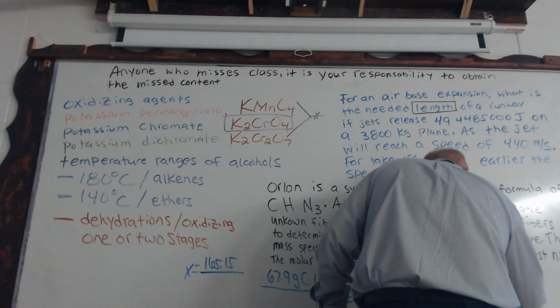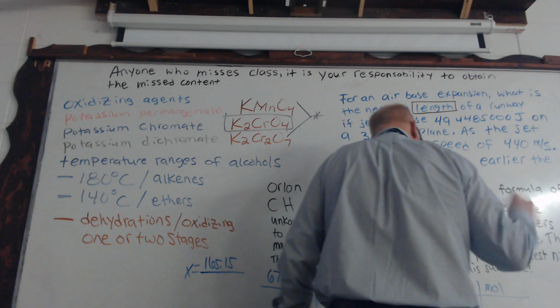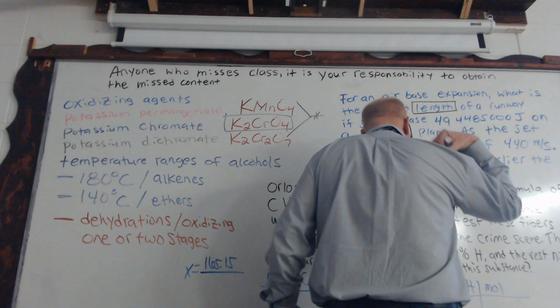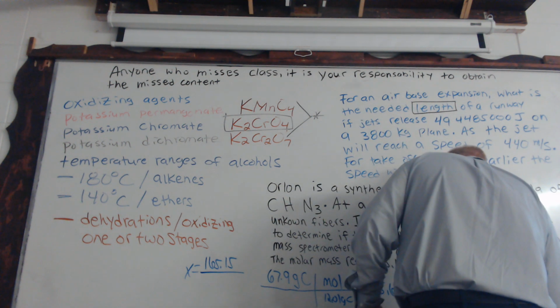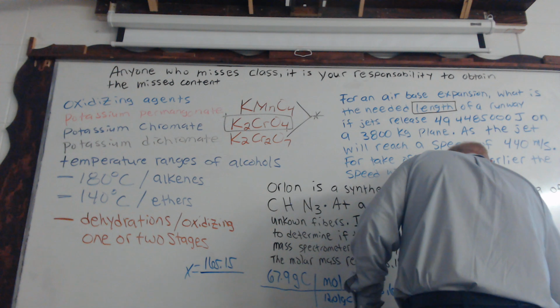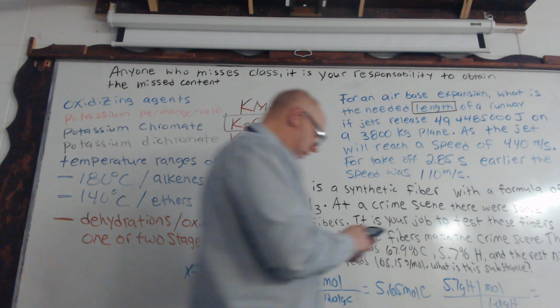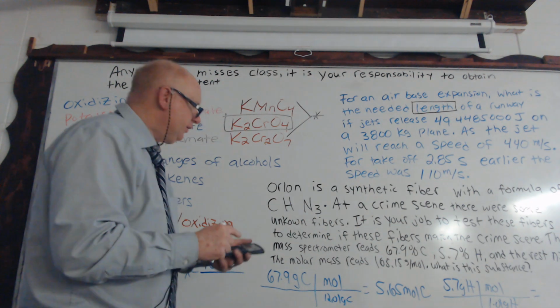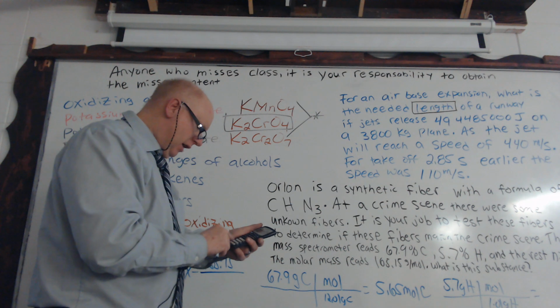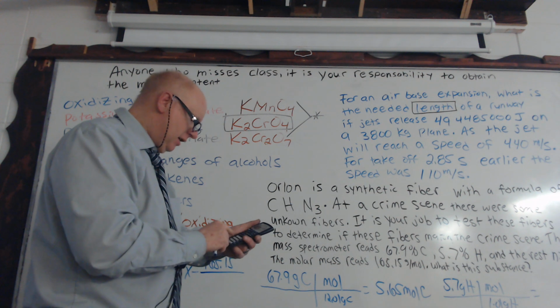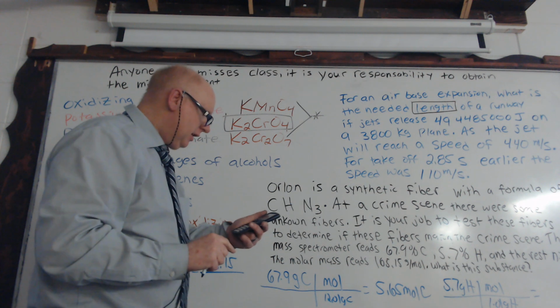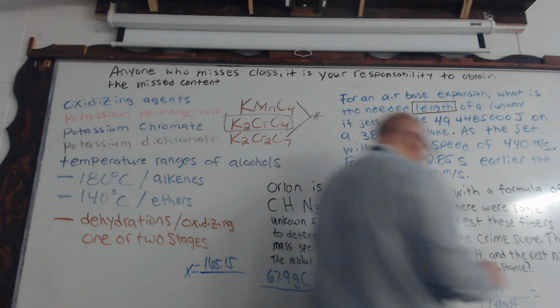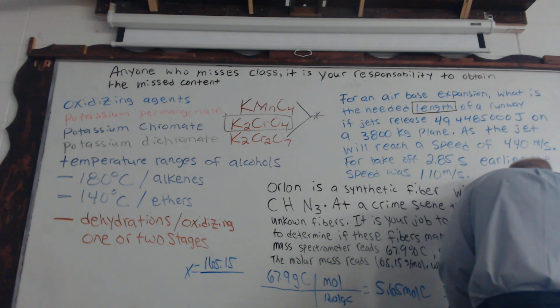By its atomic mass, 1.01 grams of hydrogen, we would get probably pretty close to the same number, 5.7 divided by 1.01. That gives you 5.64 moles of hydrogen.